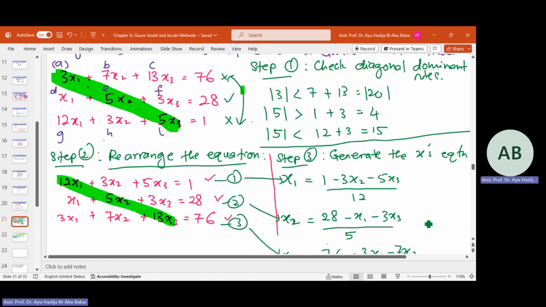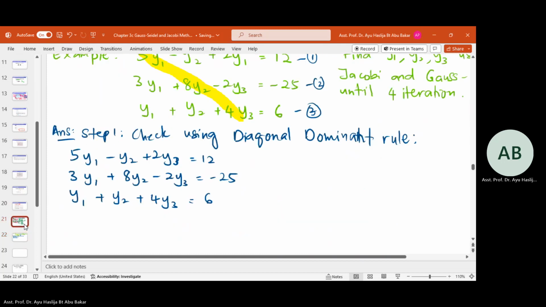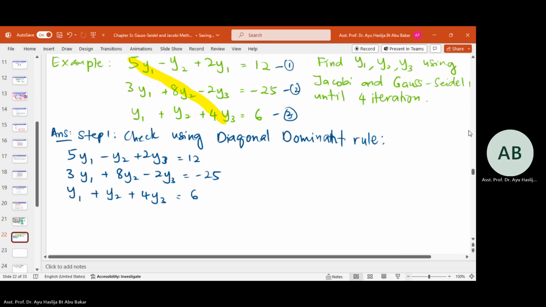Okay? Now we proceed to the example. Okay, using this example, similar equation as in Gauss elimination last time.